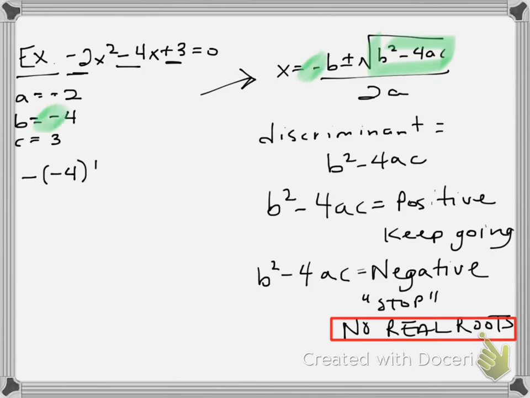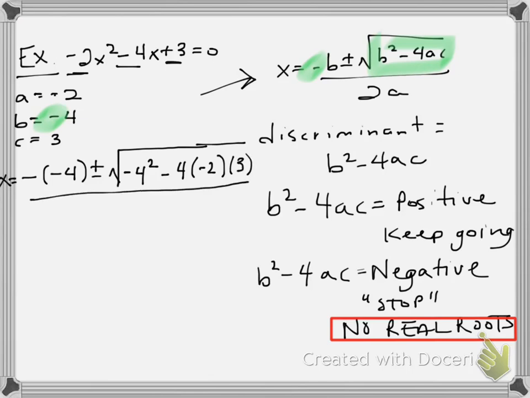So x equals negative 4 plus or minus the square root of negative 4 squared minus 4 times negative 2, that's my a, times my c value, which is 3, over 2 times negative 2.